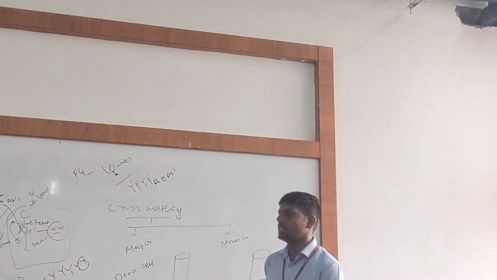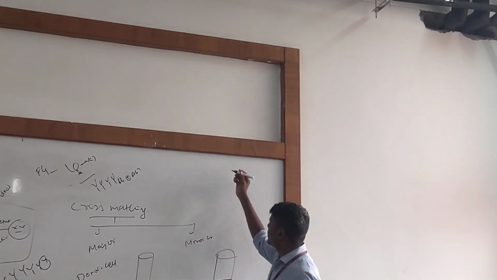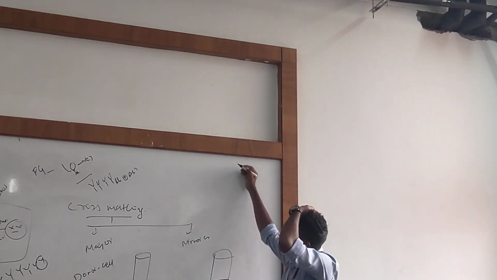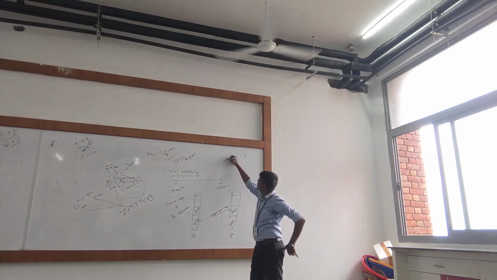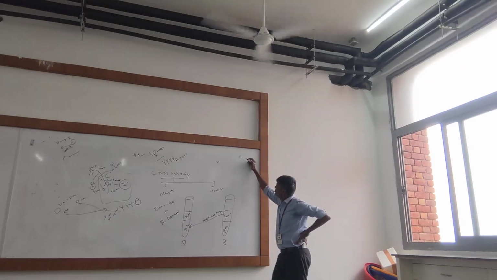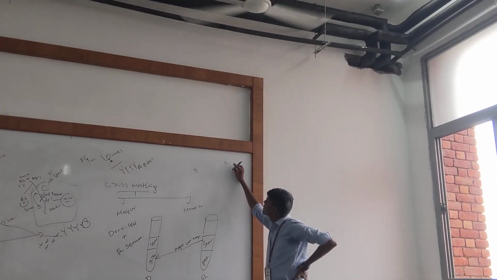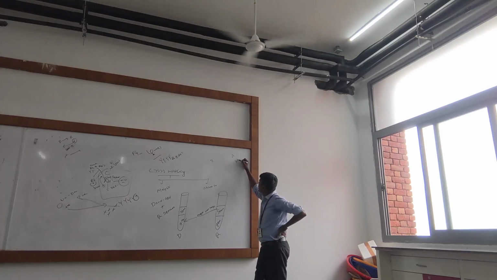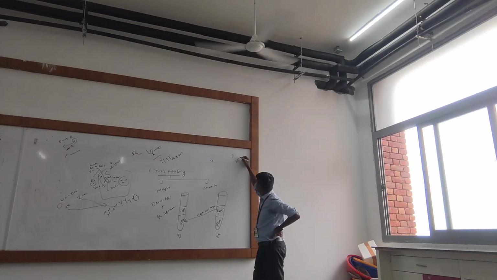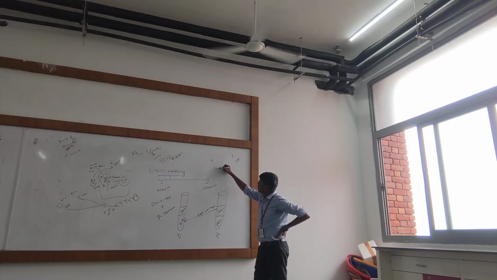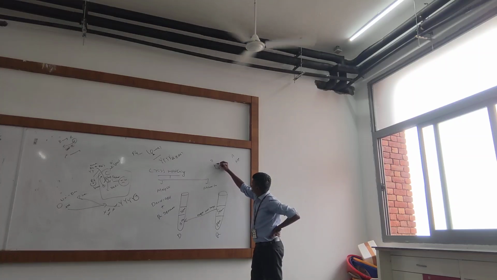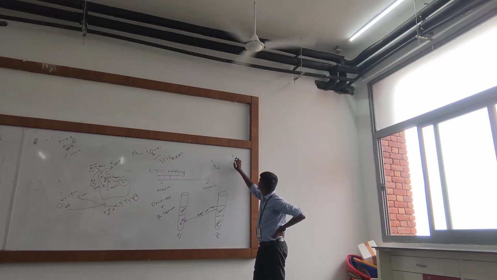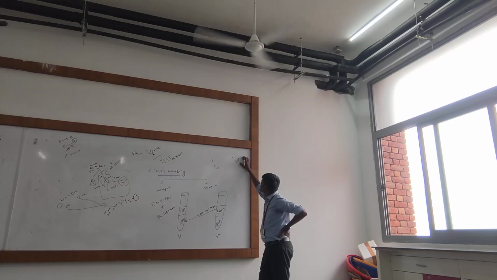Listen, I will give one scenario. Let us assume this is recipient, this is donor. Who is universal recipient?